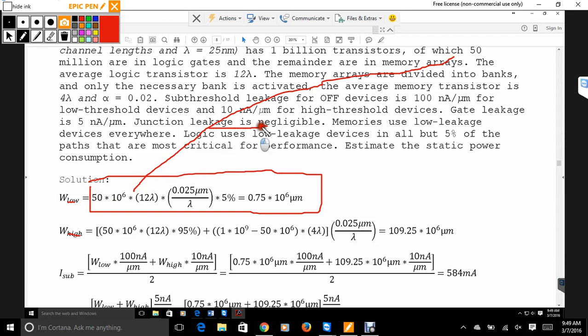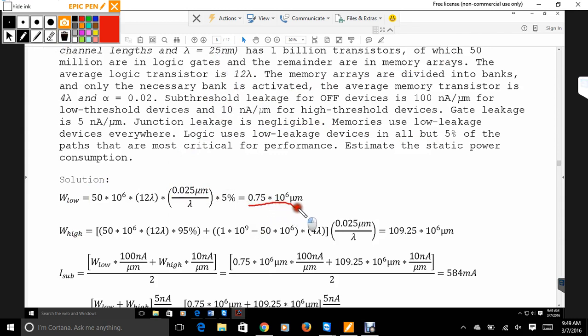And that's 5%, and they're all 12 lambda, which is where this value comes in. 0.025 micrometers comes from here, times 5%. So the width of all the transistors that are using high threshold, this should say high and this should say low. This is a typo.